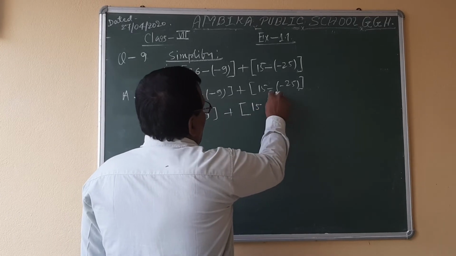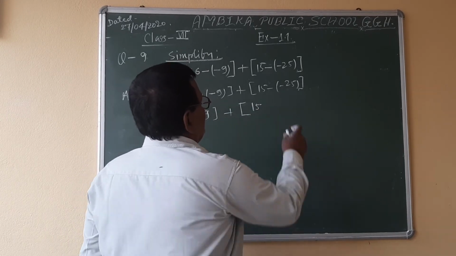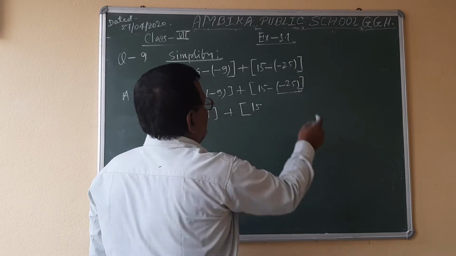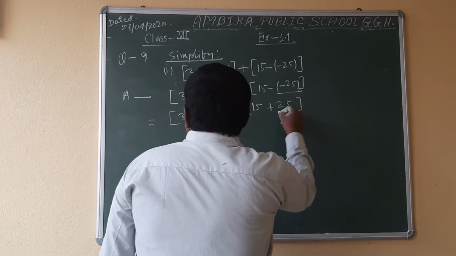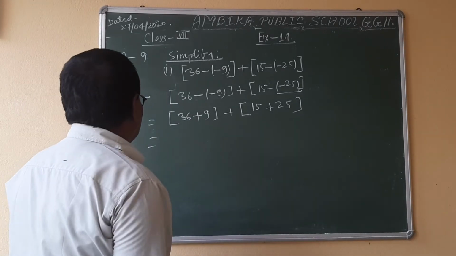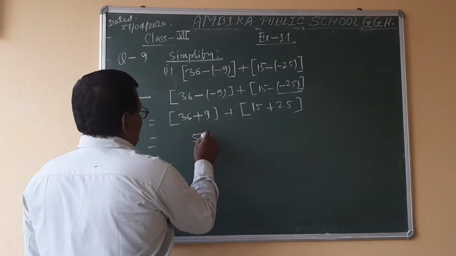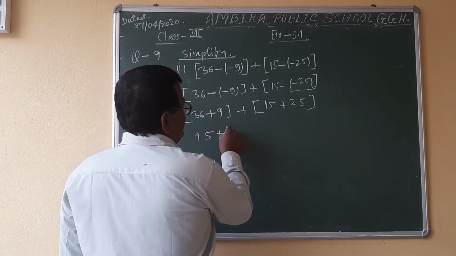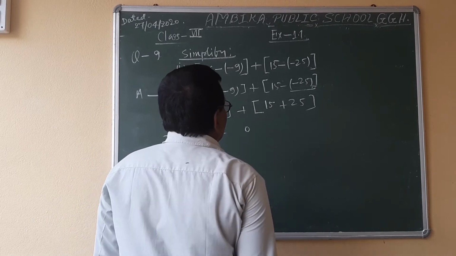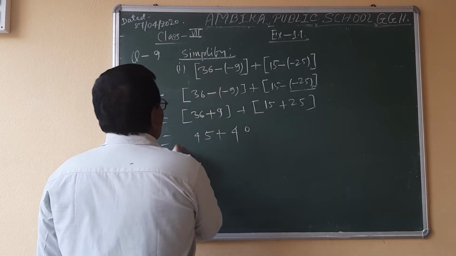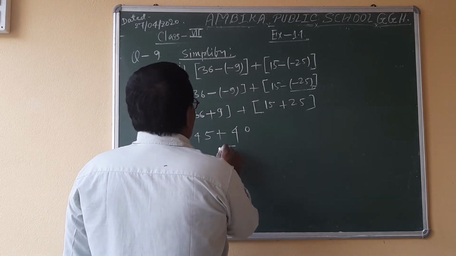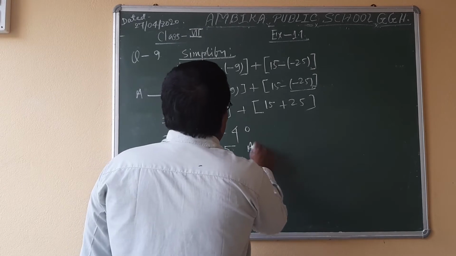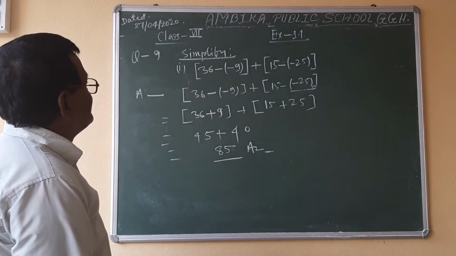And minus into minus 25, we get plus 25. Adding 36 and 9, we get 45, plus 40, we get 85. This is your answer.